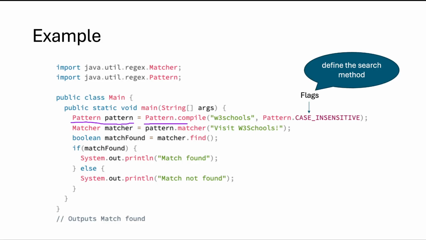We say Pattern.compile, searching for the word W3Schools. This is the word to search, and it is case insensitive, meaning if the word is in capital or small letters, do not care. If it exists in any case, identify it.